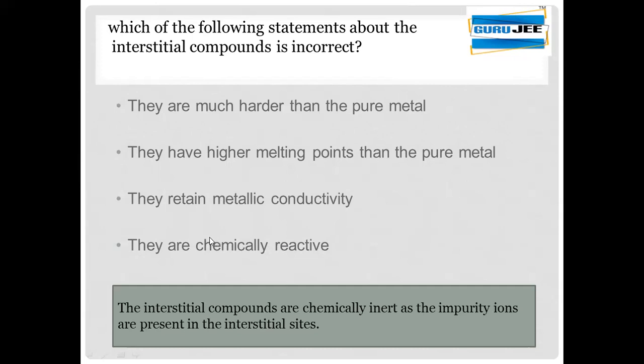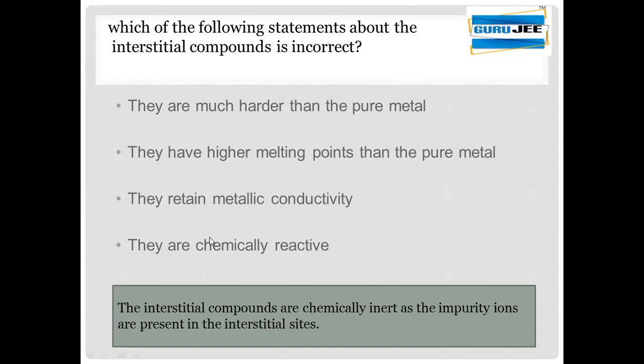Here there is a clue: the interstitial compounds are chemically inert as the impurity ions are present in the interstitial sites. Isn't it? From the name itself, we can see that in interstitial compounds, the impurities are present at the interstitial sites only. So it has no effect with the other atoms.